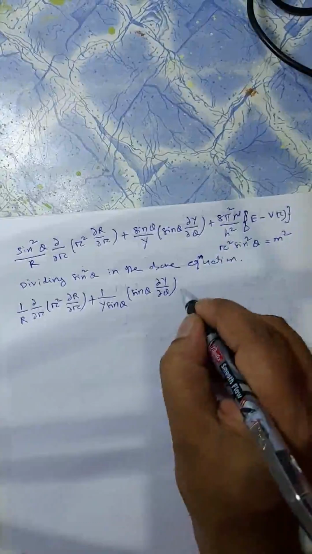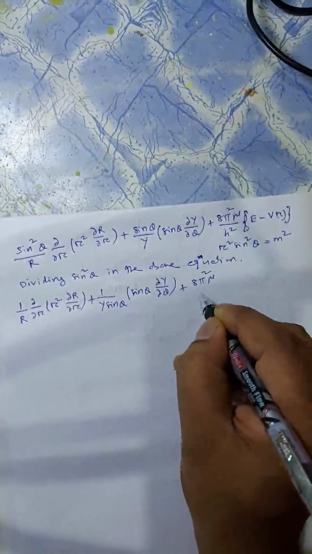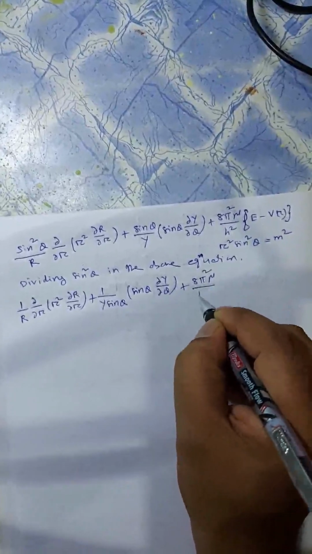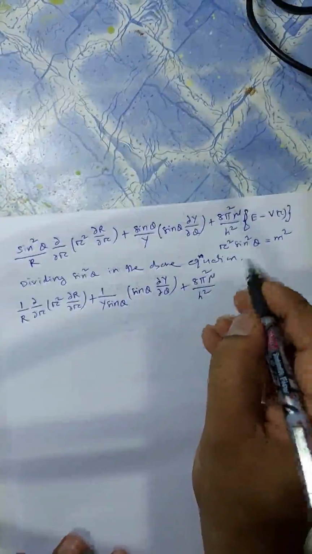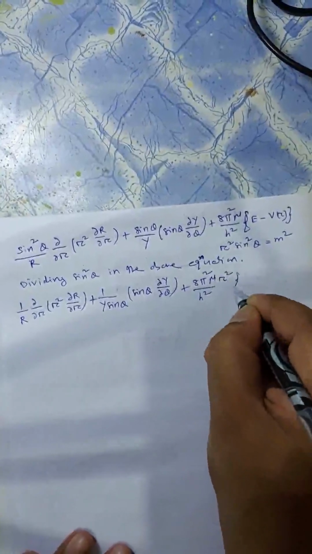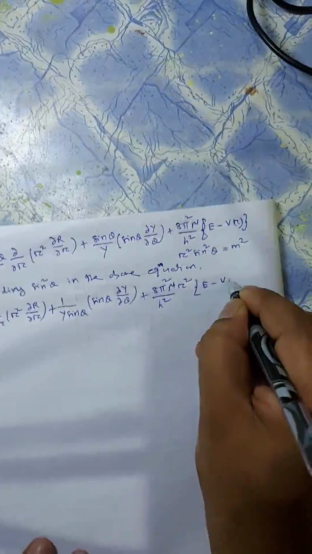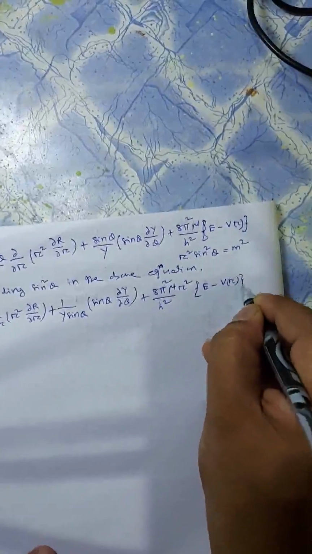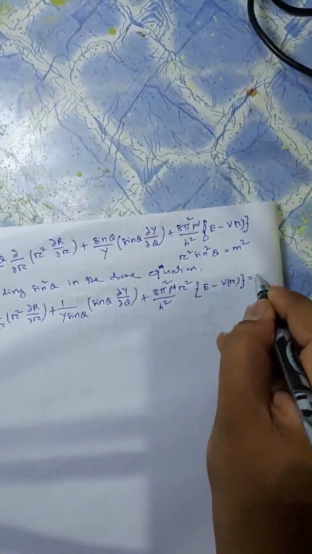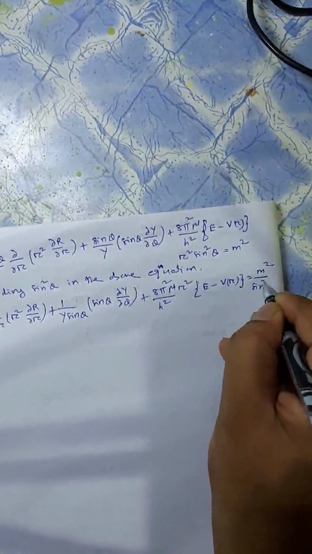We get plus 8 pi square mu by h square, r square, I take this side, r square bracket E minus V(r) bracket. We get m square by sine square theta.